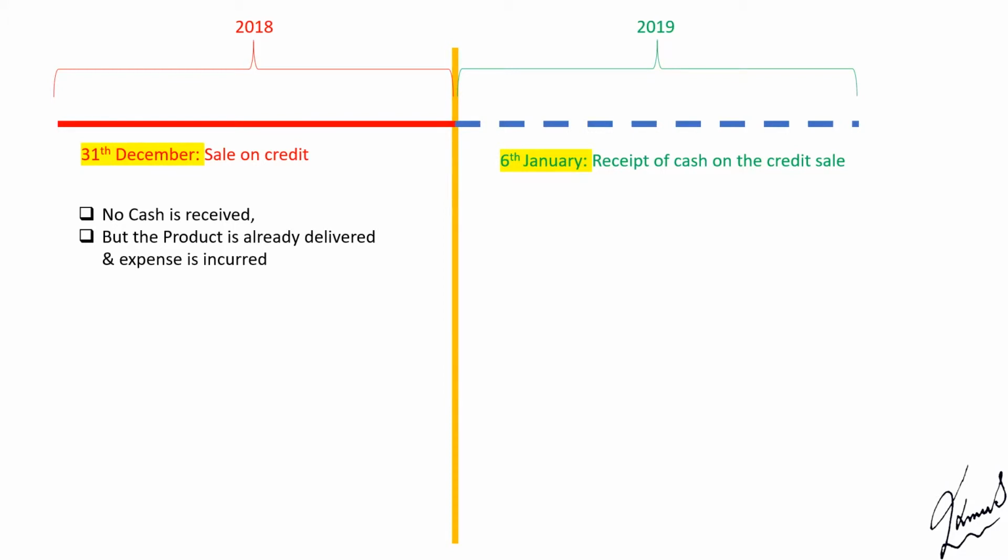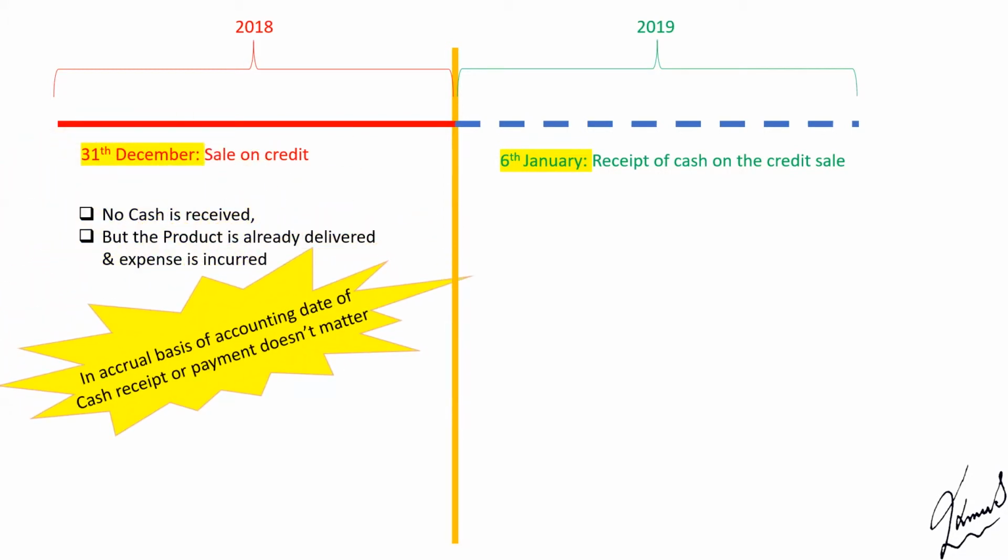To answer this question, you need another very important piece of information. That is, in accrual basis of accounting, the date of cash received and payment does not matter. So when cash is received, or we pay some cash, it has no value in accrual basis of accounting. The only thing that matters is the date in which the sales actually took place.